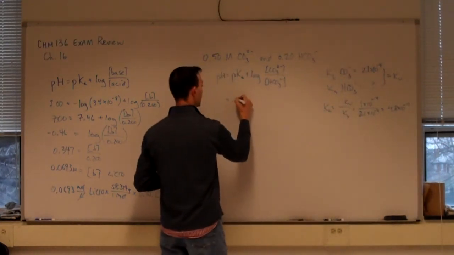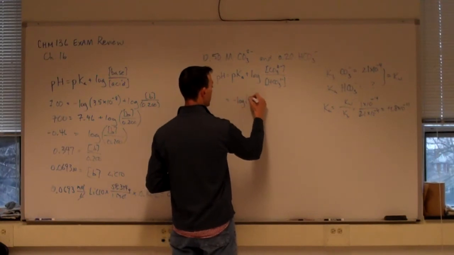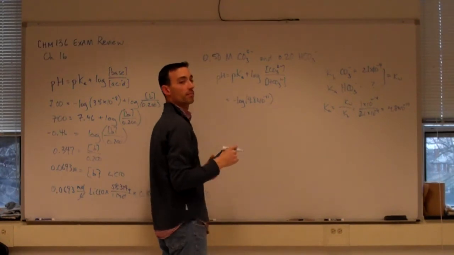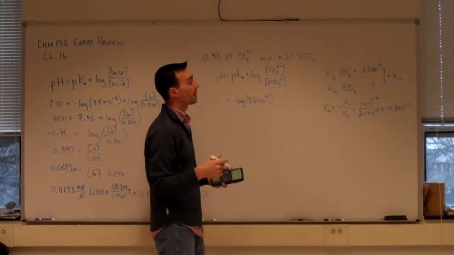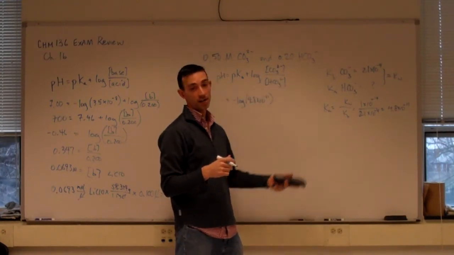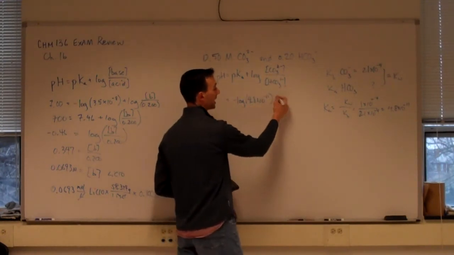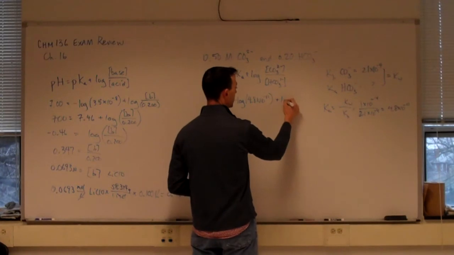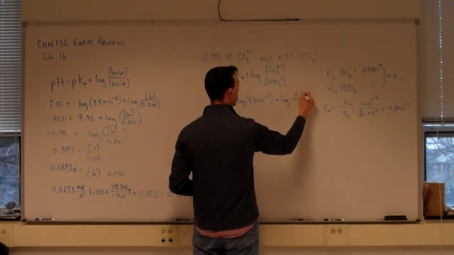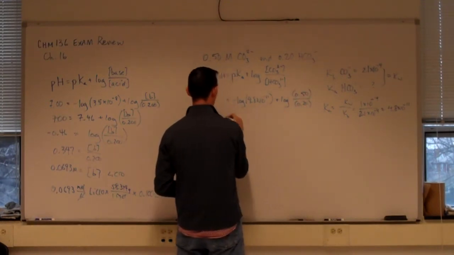We can then use that to find our final pH. Alternatively, by the way, we could have calculated the pKb of carbonate and then subtracted from 14 just to get the pKa. So you have a couple of options. Now what we need to do is, in the log, put the base part, 0.5, in the numerator, and the acidic part, 0.2, in the denominator.